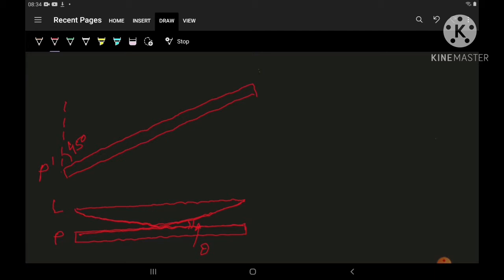Now let us consider a broad monochromatic source S. From here a parallel beam of monochromatic light is made incident on the glass plate P dash. Because its orientation is 45 degrees, the light gets reflected vertically downward.